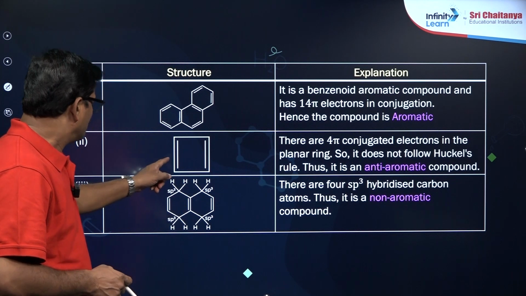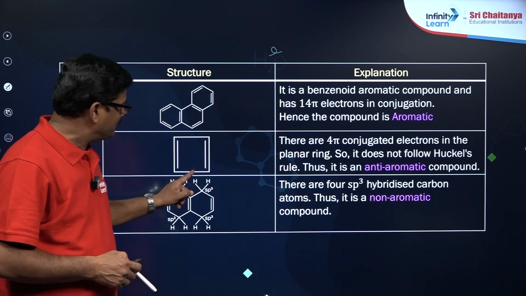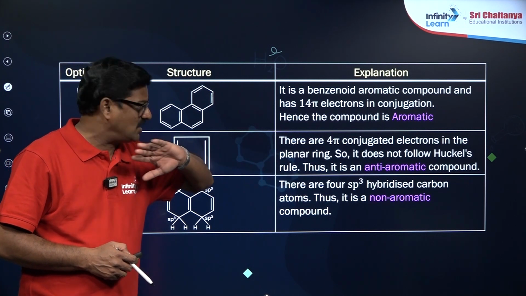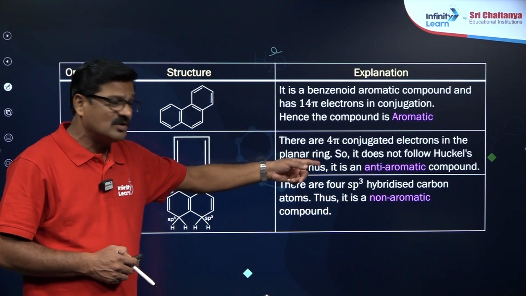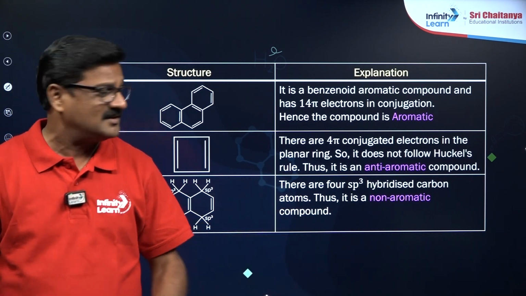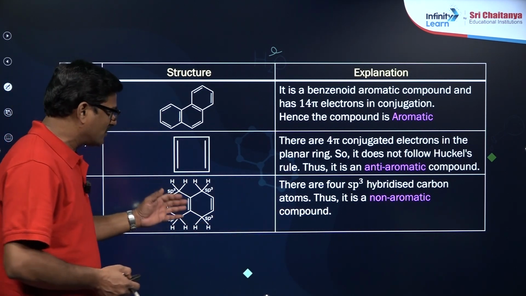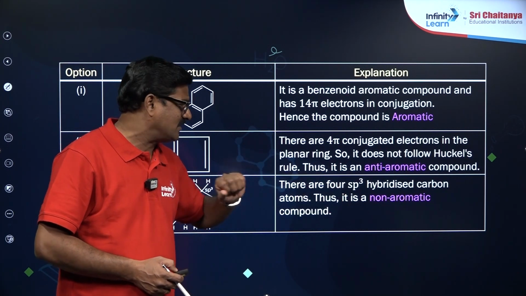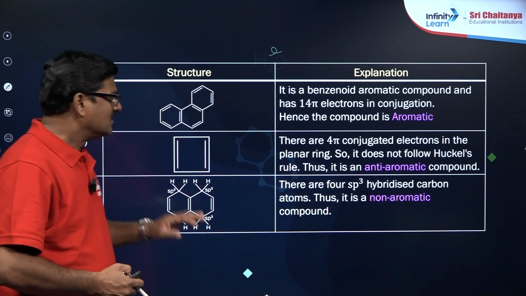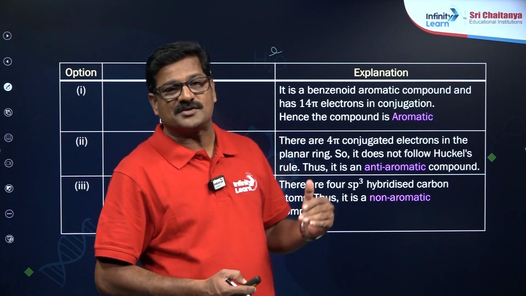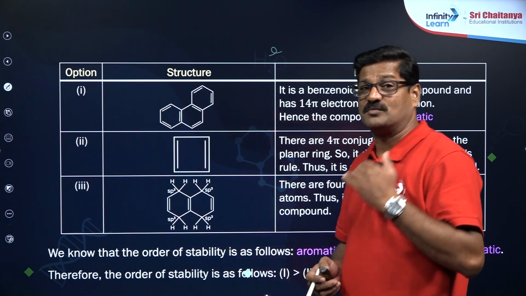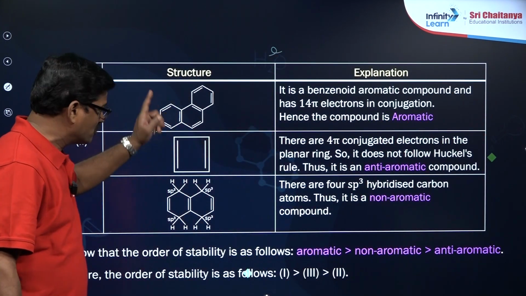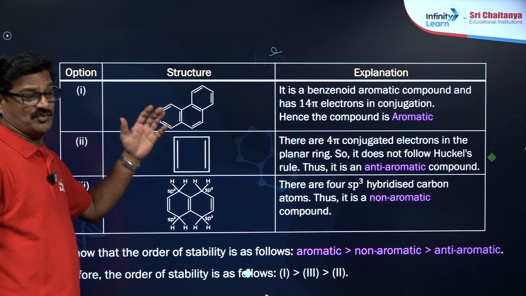And cyclobutadiene has 4 pi conjugated electrons in the plane and does not follow Huckel's rule, therefore it is anti-aromatic. And in this structure there are 4 sp3 hybrid carbons, therefore it is non-aromatic. As we know, aromatic is more stable than non-aromatic, which is more stable than anti-aromatic. Therefore structure 1 is more stable than structure 3, which is more stable than structure 2.